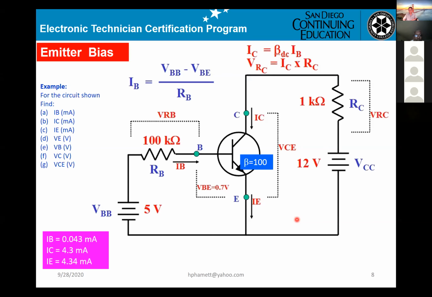Hey, Mr. Pham, we said the VB is the same as VBE, right? Right. VB means from the base to the root, and E connects to the root. So that's why VB is the same thing as VBE.